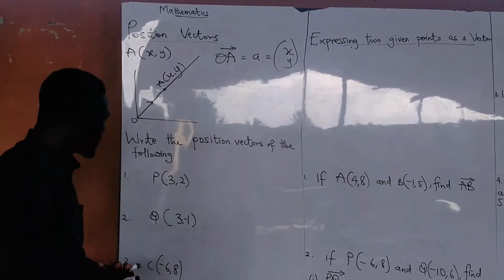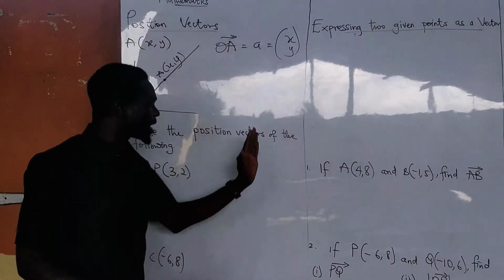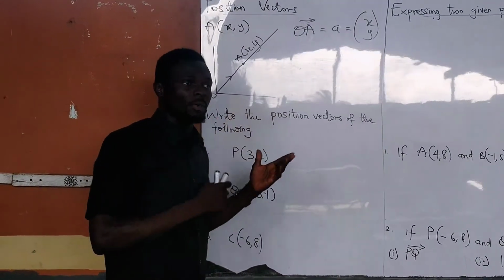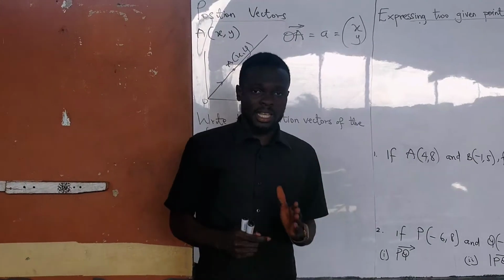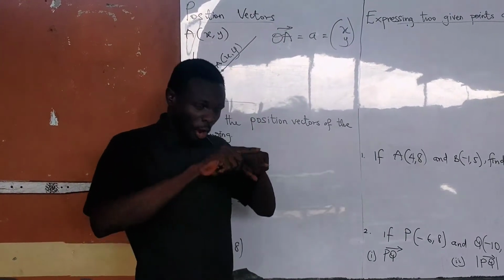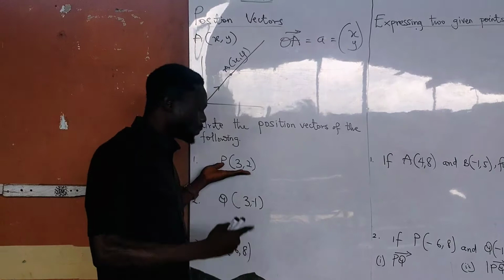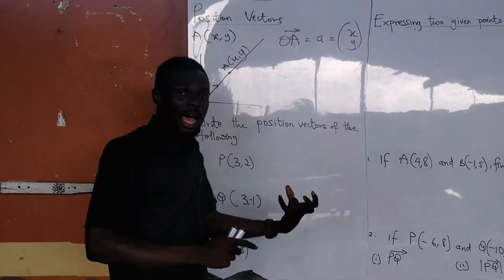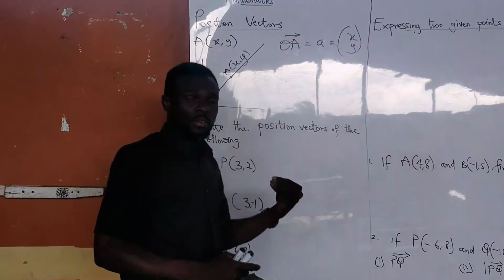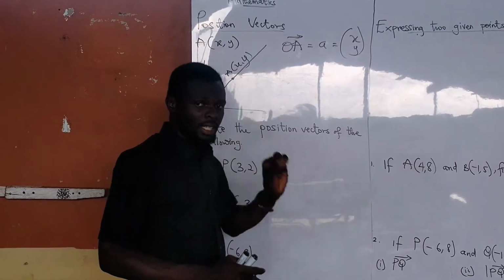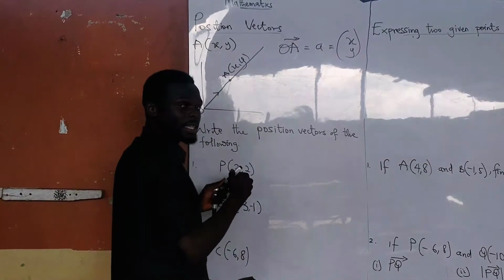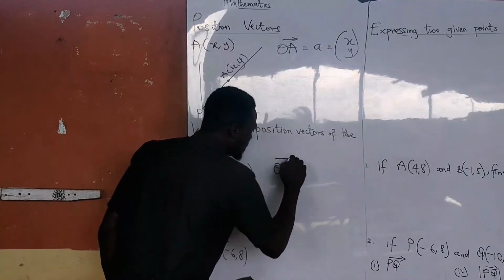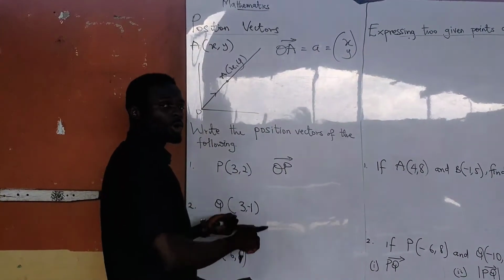Now let's look at the example here. It says write the position vectors of the following. We have a point P, (3, 2). Remember that when we started, we said vectors are written vertically, but points are written horizontally. So this is a point, not a vector. To write it as a vector, since every point is referred from the origin, I will say vector OP, which means I'm going from the origin to the point.